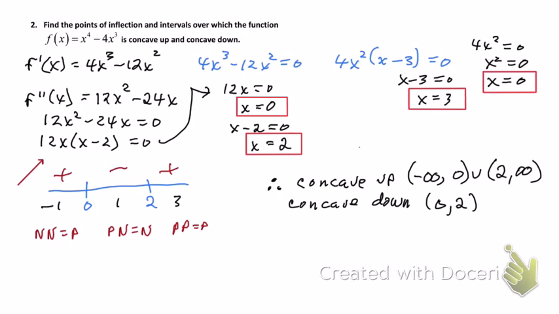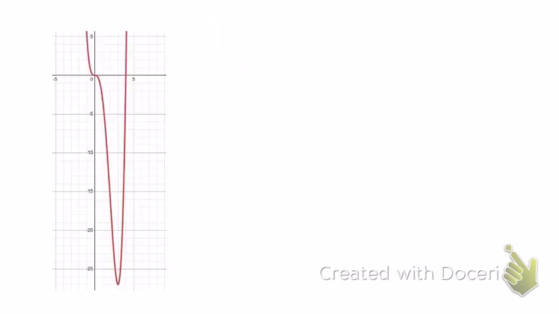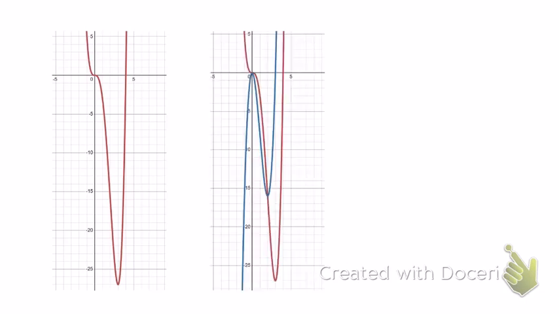We'll come back to this in just a second. Here's our original function. I had to zoom way out to get all the twists and turns on there. Here's our first derivative function. This is, over here, f of x. The blue line is f prime of x.